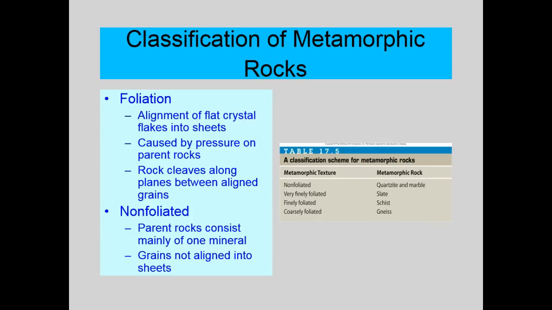And then the next level of not being foliated would be non-foliated, which is quartzite and marble. So within the foliation, you have very fine, fine, and coarsely foliated, and then non-foliated with everything else. So that's another way to classify metamorphic rock. Either foliated or not, and if it is foliated, it's very finely, finely, or coarsely foliated.